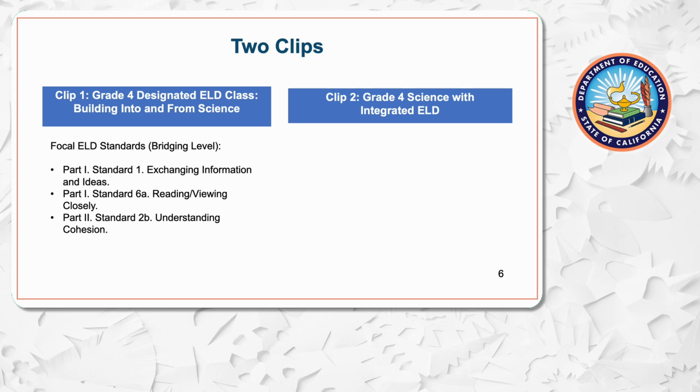You'll see the student speaking with her partner. Part 1, Standard 6A, Reading, Viewing Closely. You will see the student reading a text closely. And Part 2, Standard 2B, Understanding Cohesion. You will see the student analyze the text for its cohesive devices or text connectives.